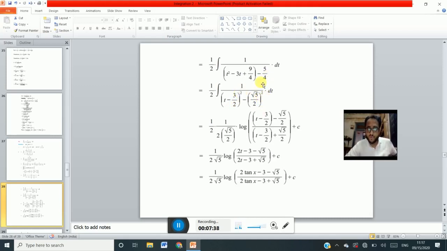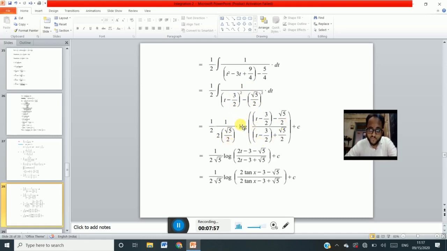Now if we see this step, we got the form of integration of 1 upon x square minus a square. The integration of 1 upon x square minus a square is 1 upon twice a log of x minus a upon x plus a.